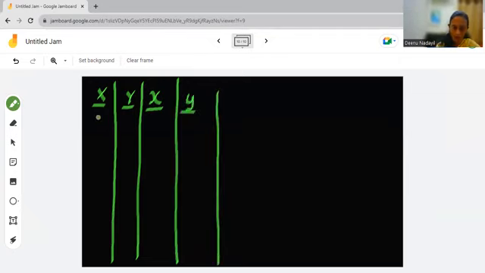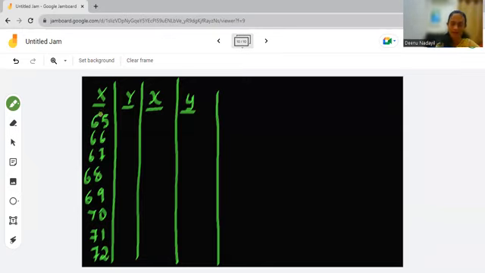Okay, what are our x values? Sales values 65, 66, 67, 68, 69, 70, 71 and 72. This is whatever is given in the question. That is your capital X. Don't take the small x and proceed, you may go wrong. Let sales be capital X and advertisement expenditure be capital Y: 67, then 71, then 69, then 70 and 68.